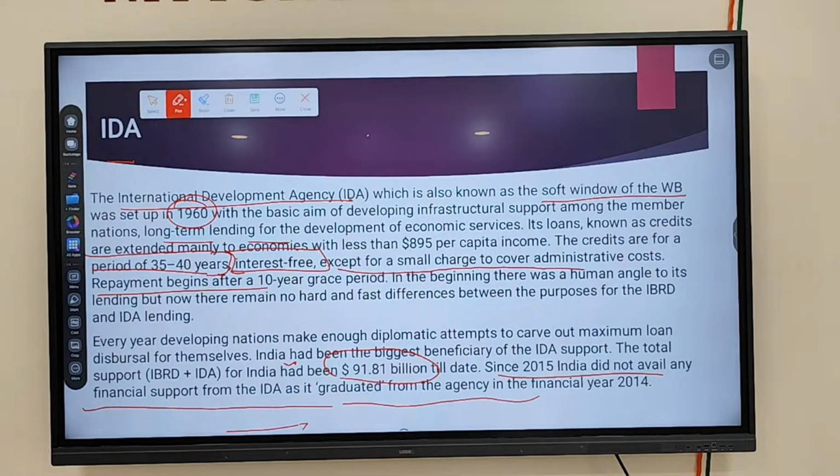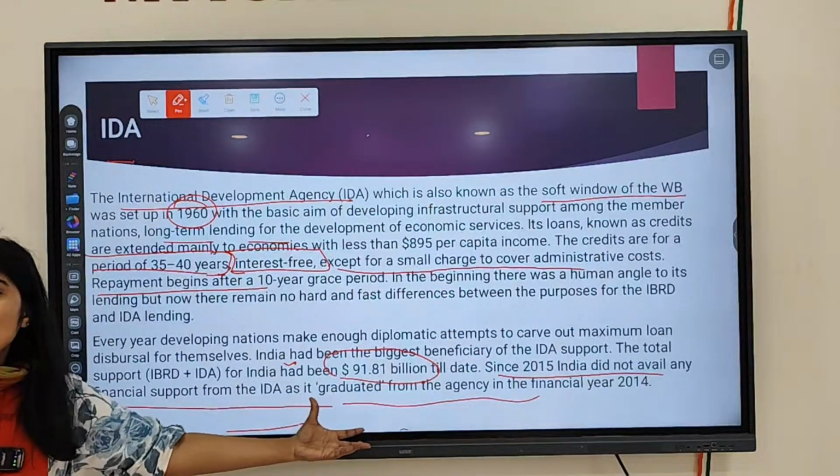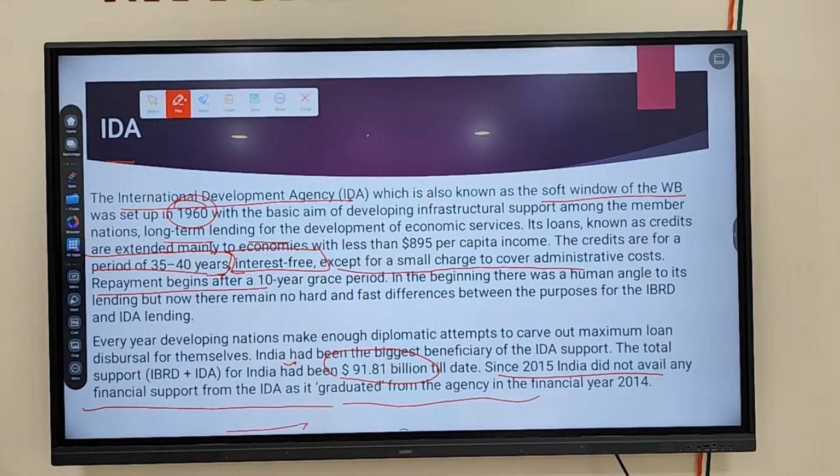If we had been included among the poorest countries, then IDA would have sanctioned the loan for us. Since our economy is growing and our per capita is also growing, IDA can't sanction loans at a free interest rate. That is why it is officially written that we have officially graduated from IDA. That's why they will not sanction any kind of loan from IDA for us.